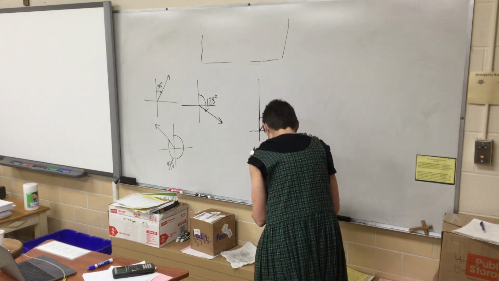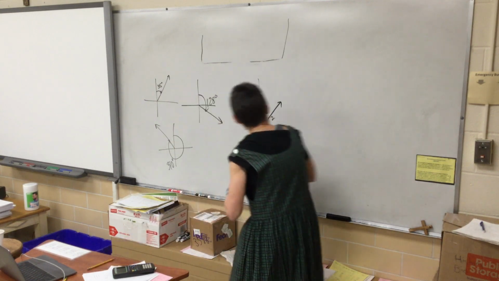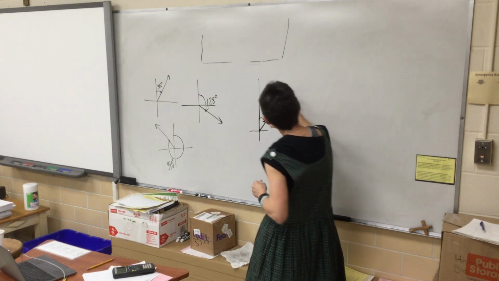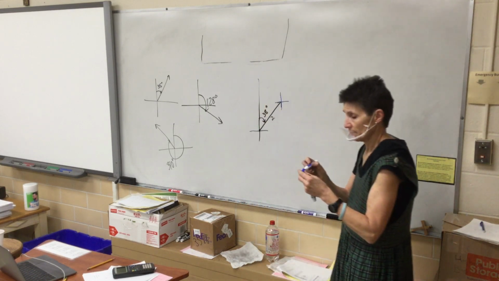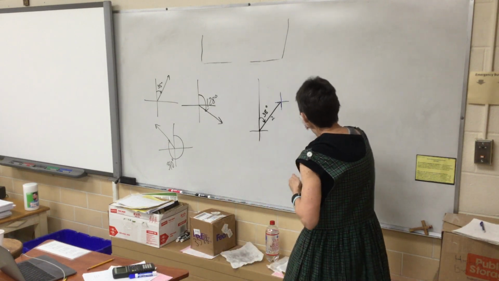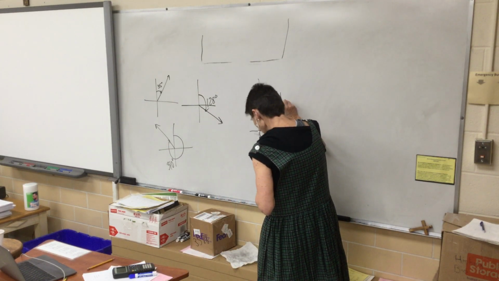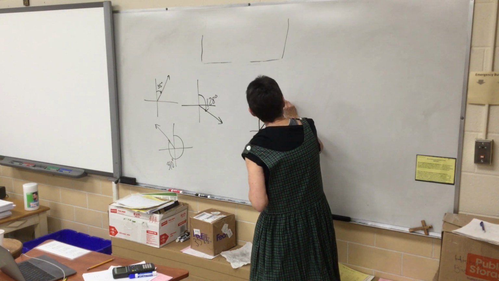So I would suggest that you put, here's where he is now. I'm going to put another little compass point here. And now the second leg of the journey is going to be 47 degrees.